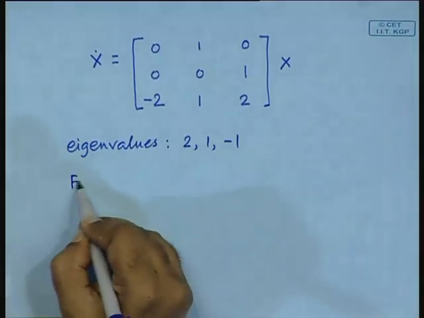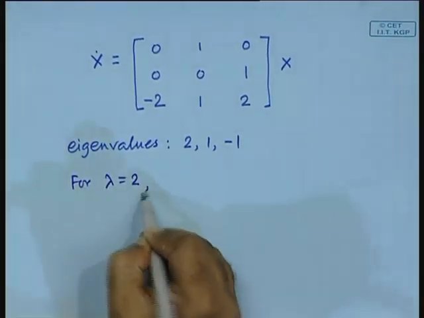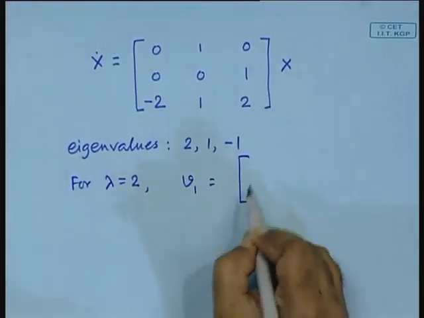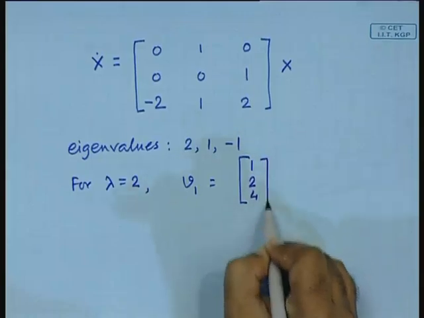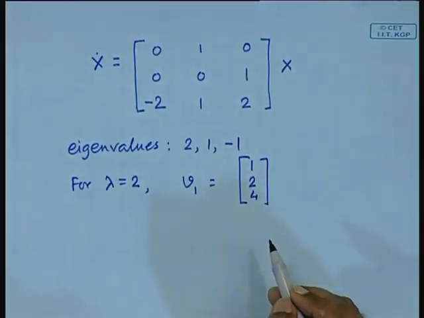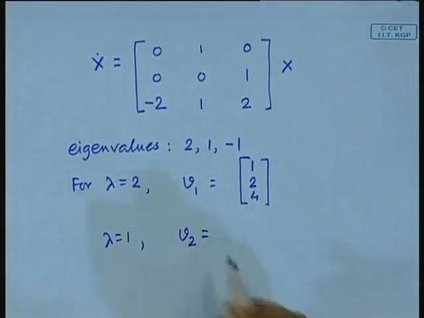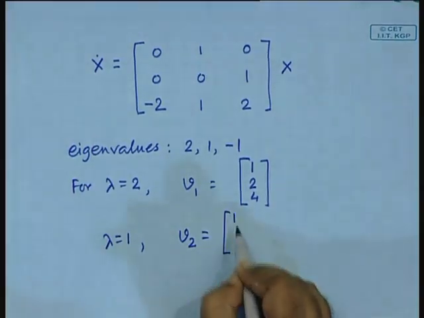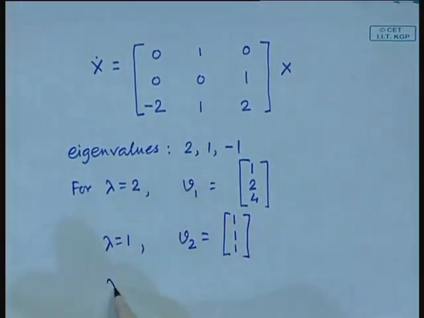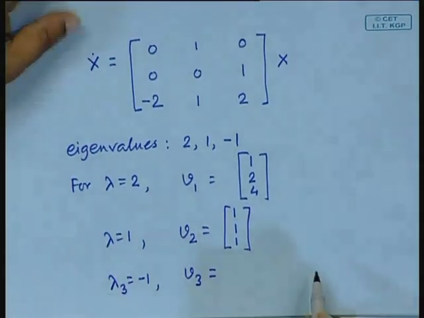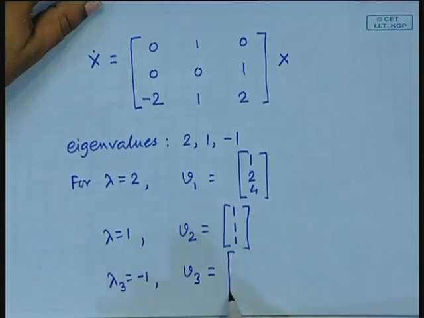For lambda is equal to 2, V 1 is 1 2 4, is that right? Have you done it? For lambda is equal to 1, V 2 is 1 1 1, and for lambda is equal to minus 1, V 3 is 1 minus 1 1, right.